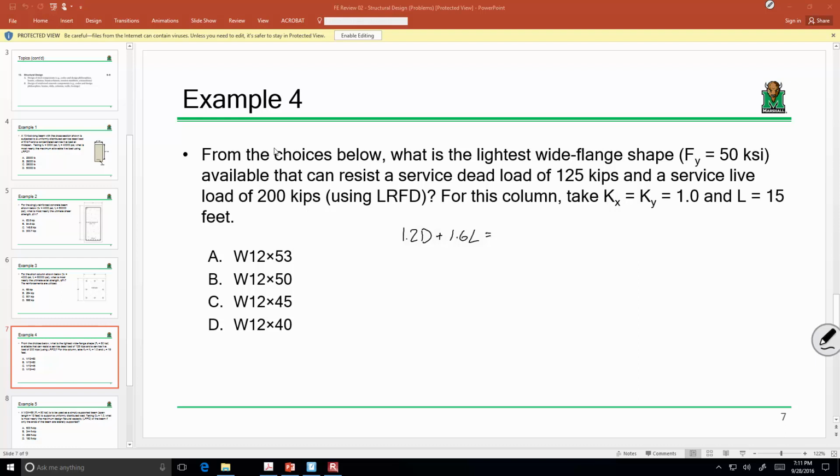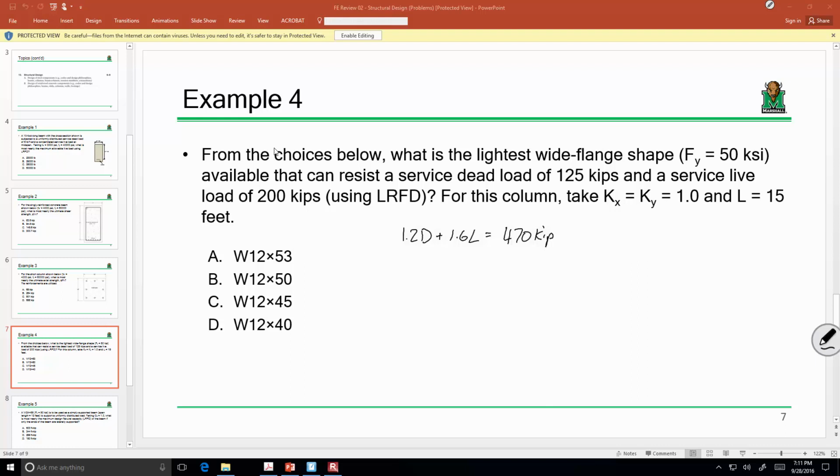So. 470, you said? Okay, 470, and I'm going to write that here. So my design load is 470 kips, okay?